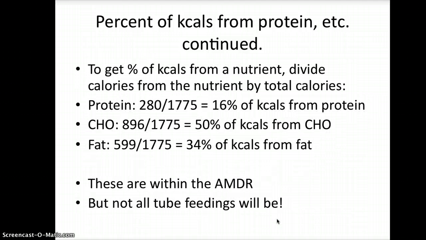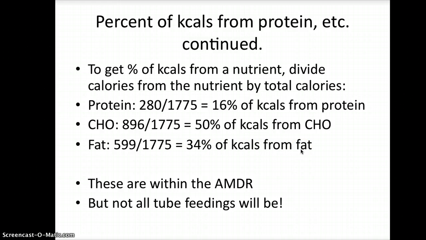I've done those calculations on the next page. Okay, the calories from protein divided by the total equals 16% of the calories come from protein. The calories from carbohydrate divided by the total equals 50% of the calories coming from carbohydrate. With the fat, 599 calories from fat divided by the total calories equals 34% of the calories from fat.